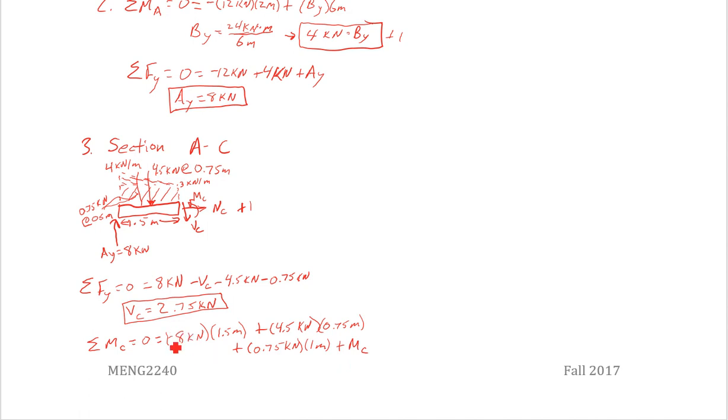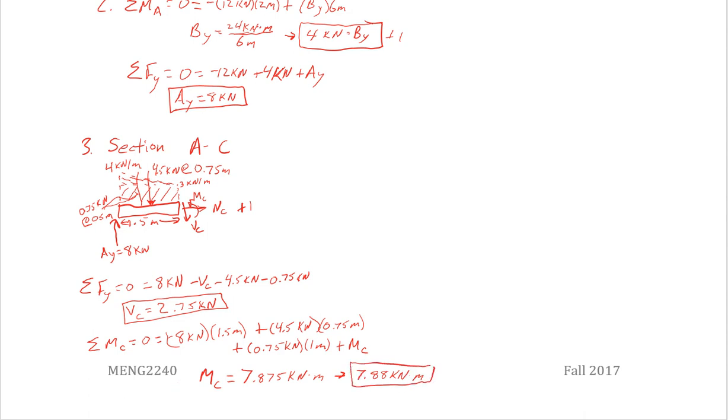So that whole thing equals 0. So what do I have? I have 12 kilonewtons. Move that to the left. Subtract off this thing. Subtract off that thing. MC, if I do my math correctly, is going to be 7.875 kilonewton meters. To 3 significant figures, that's 7.88 kilonewton meters.